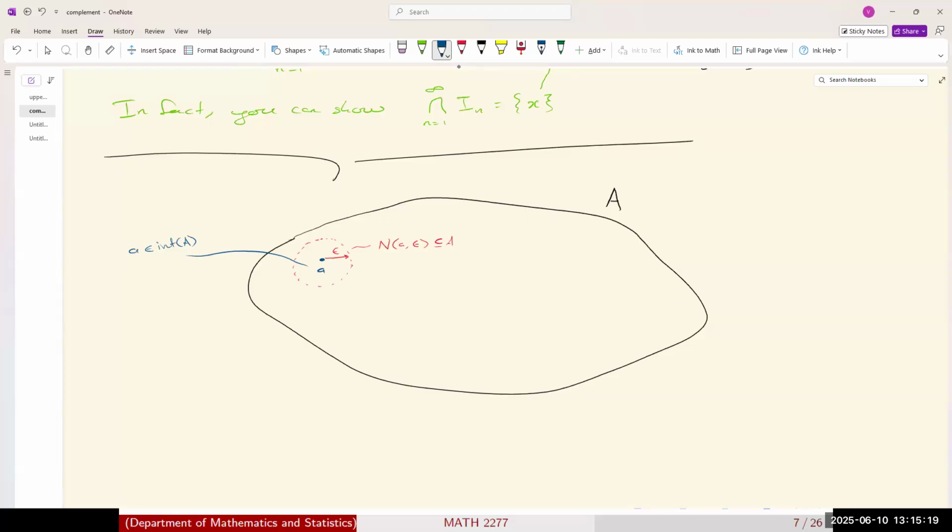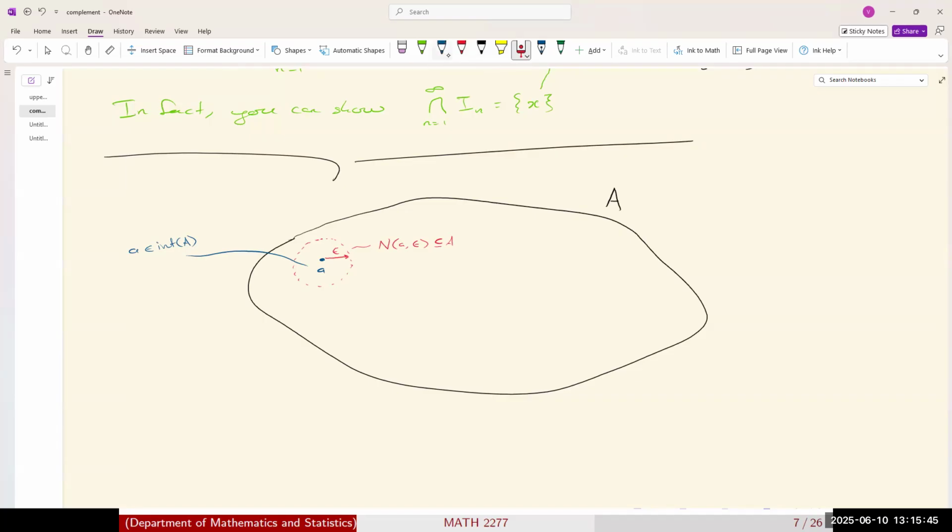I could only look by looking at the elements inside the set. A limit point does not even need to belong to the set. It may or may not belong to the set. It doesn't matter.